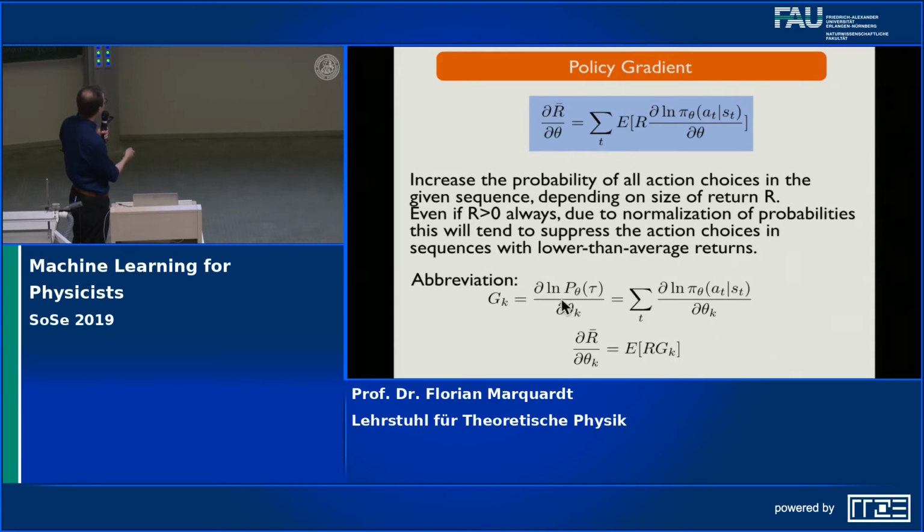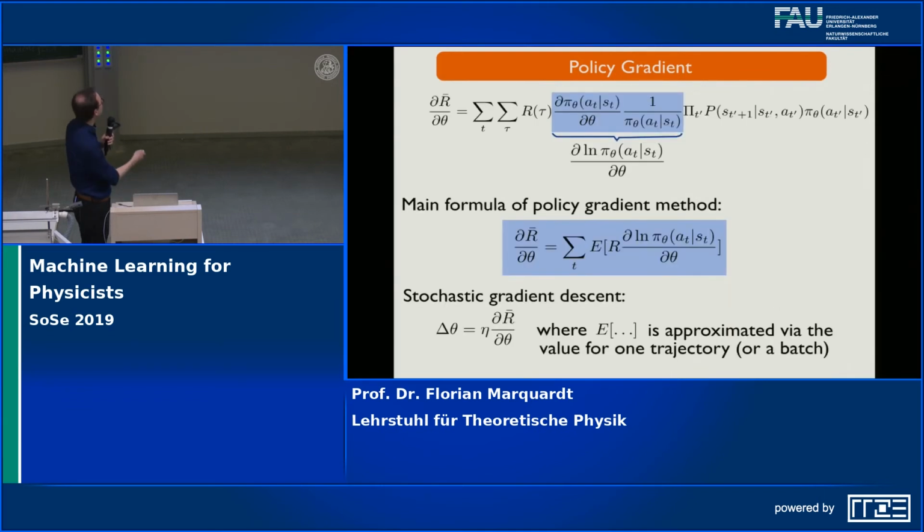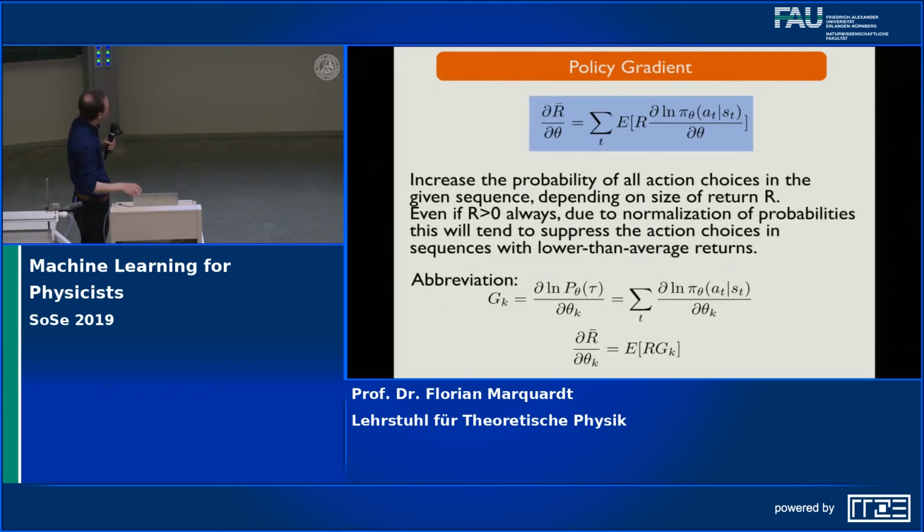I take the logarithm of this. I take the derivative with respect to one particular parameter theta k. Okay, fine. Now you can work this out for yourself using the steps that we already did on the previous slide. This derivative actually will only effectively involve the policy, because only the policy depends on the parameters.